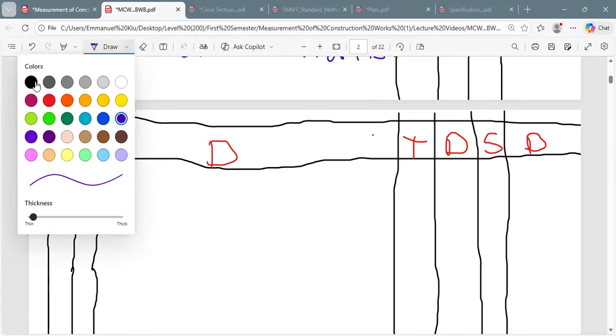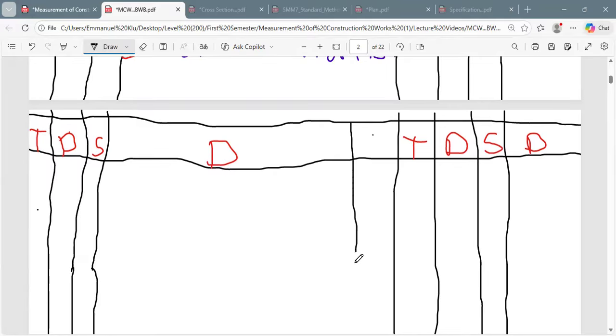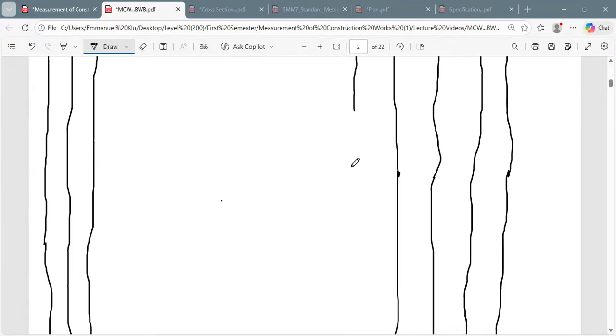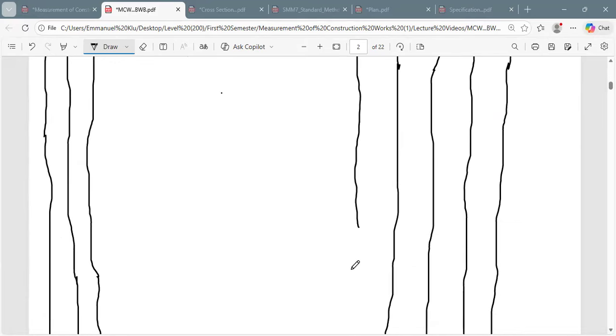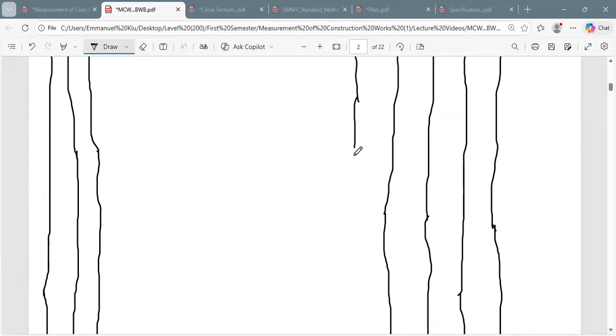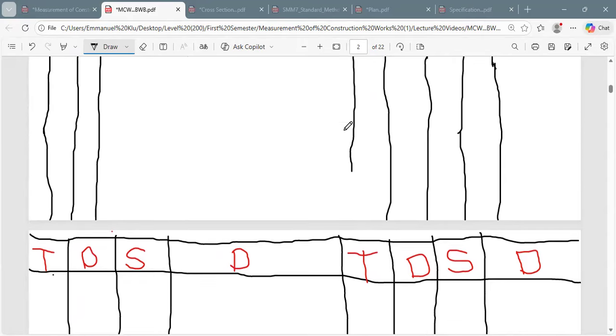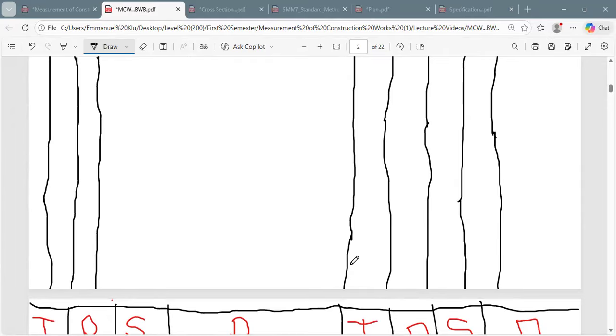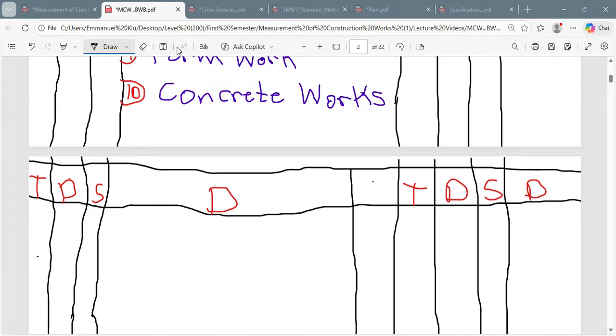But I can only do this, so that we see how best we can travel. Just a minute and we'll proceed.